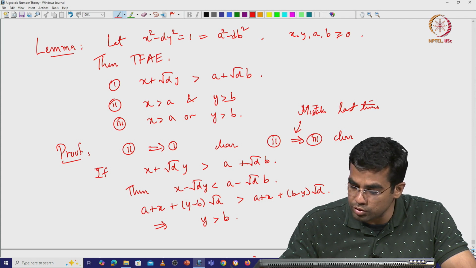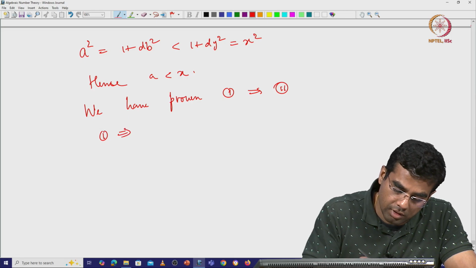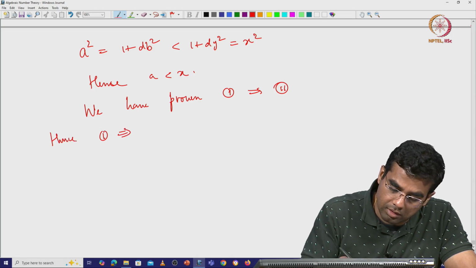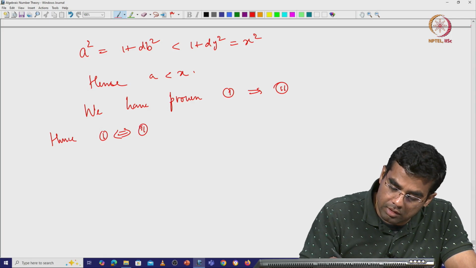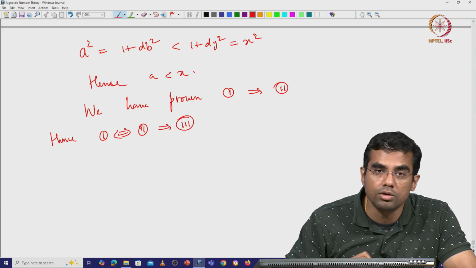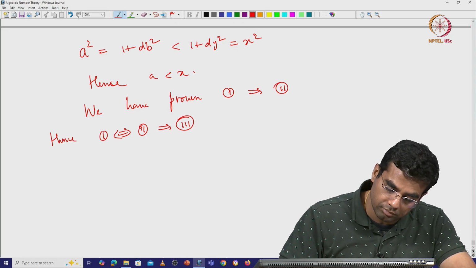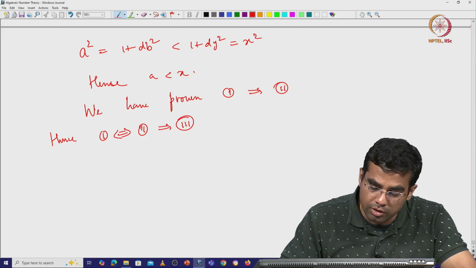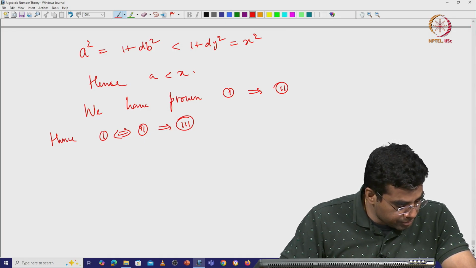And this we know implies 3. So, we just need to assume 3 and prove either 2 or 1, one of them.